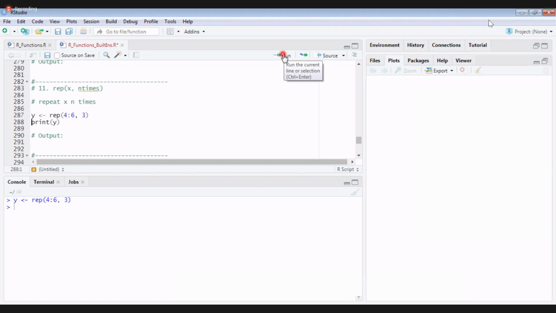Will first 4 repeat, next 5, next 6, or 4, 5, 6, 4, 5, 6, 4, 5, 6? 4, 5, 6, 3 times. Very good. It is 4, 5, 6 as a group together 3 times. This is our repeat function.